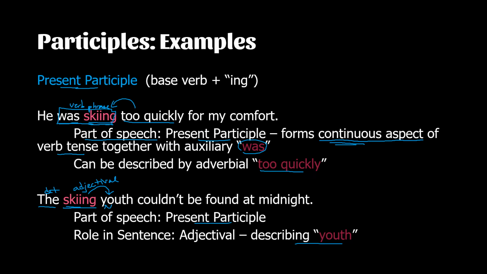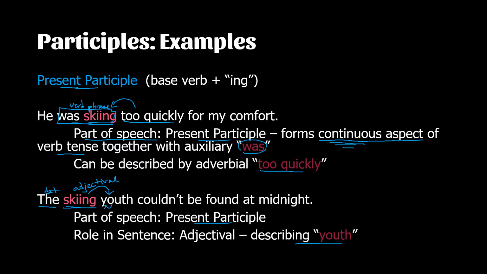Try and choose any verb, make it into the present participle and make a sentence with the continuous aspect. Then take the present participle of that verb, and see if you can use it as an adjective to describe a noun. Not all verbs work as adjectives in present participle situations. It really depends on the meaning of the verb.